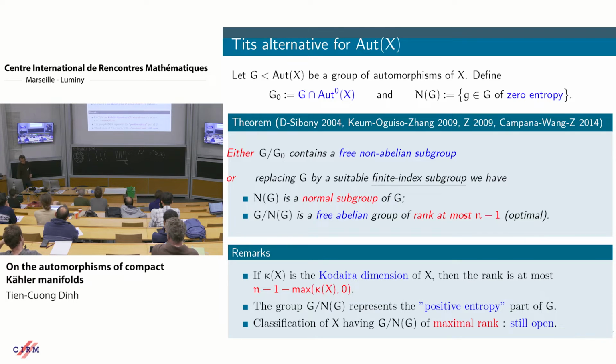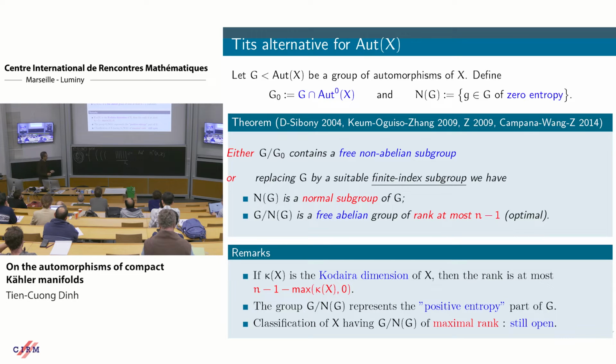So if you replace G by some finite index subgroup, then NG becomes a normal subgroup. Okay, in general it's not a subgroup, but now it's a normal subgroup, and the quotient is a free abelian group of rank at most n-1.